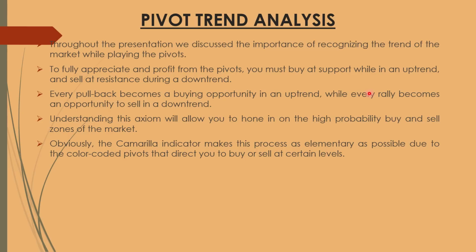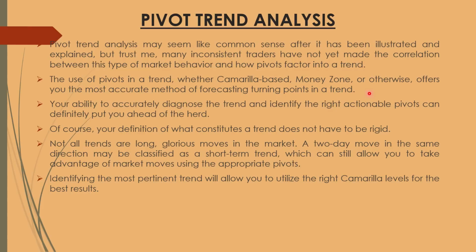Understanding this axiom will allow you to hone in on the high probability buy and sell zones of the market. Obviously, the Camarilla indicator makes this process as elementary as possible due to the color-coded pivots that directly direct you to buy or sell at certain levels.